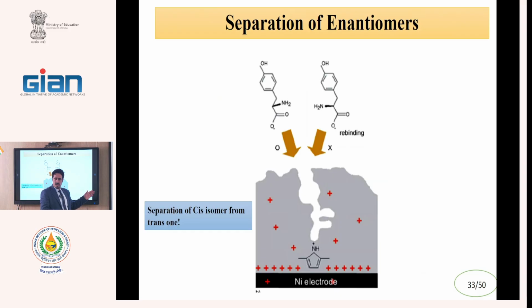But in these membranes, we do not need a difference in boiling point, and the membrane's free space is based on the difference in structure. This membrane is suitable for this one and not suitable for this one, and we can separate two isomers or enantiomers from each other.